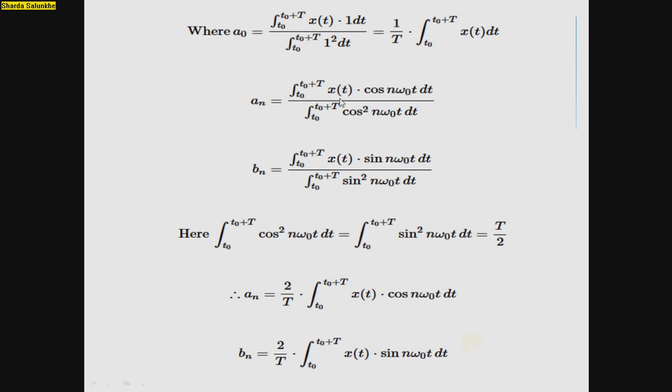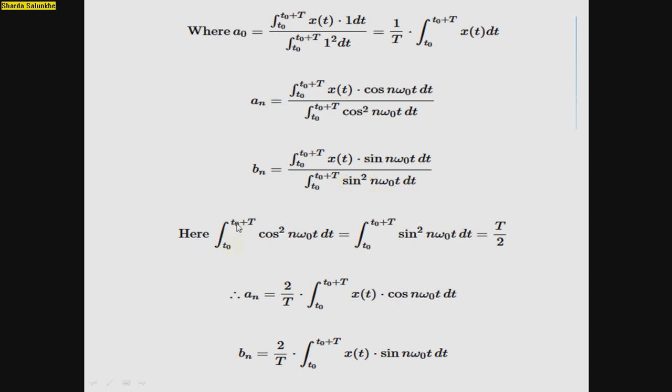That is, an is equal to the integration of x of t cos of n omega 0 t divided by the integration of cos square n omega 0 t, and bn is the integration of x of t sin n omega 0 t dt divided by the integration of sin square n omega 0 t dt.